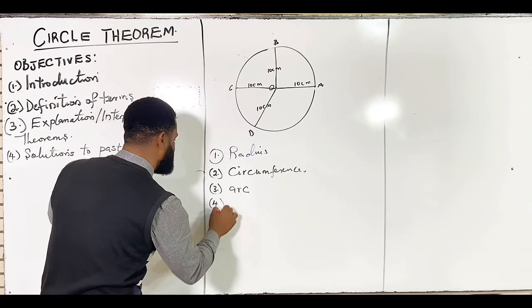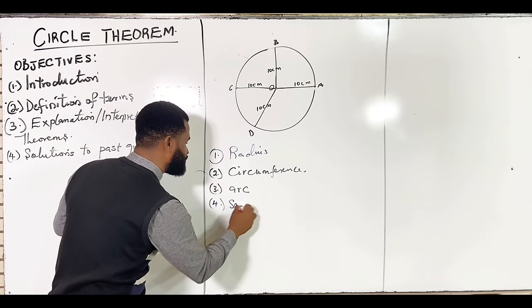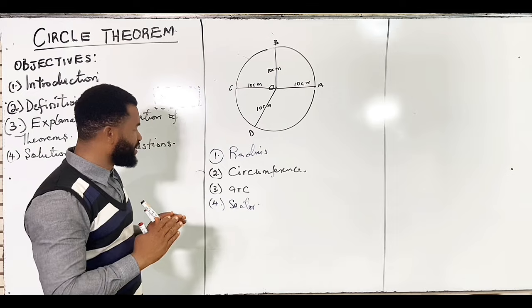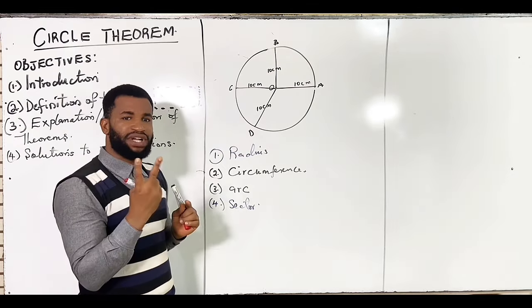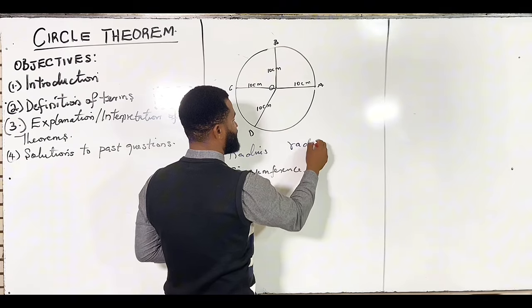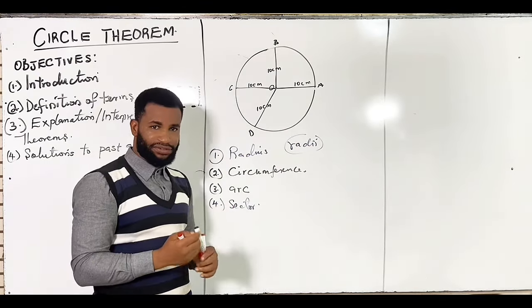Number 4 thing we must use to define a circle, we may call a sector. A sector is just a shape formed by 2 radii. Instead of radius, we have what we call radii. Radii means the plural of a radius.